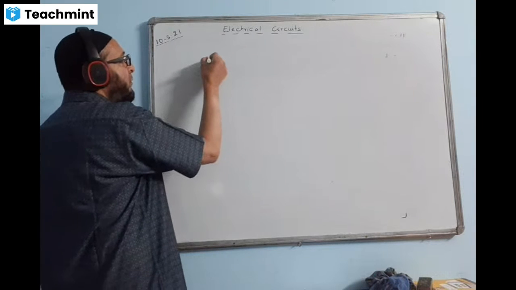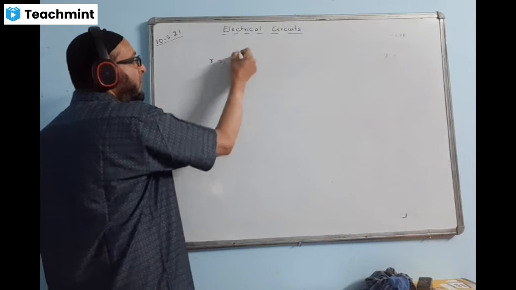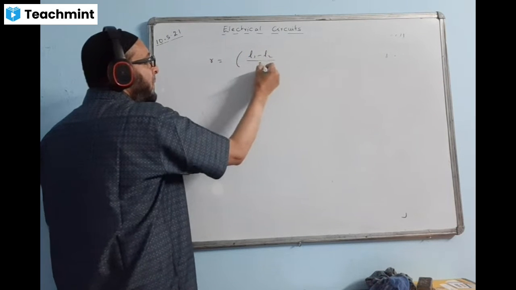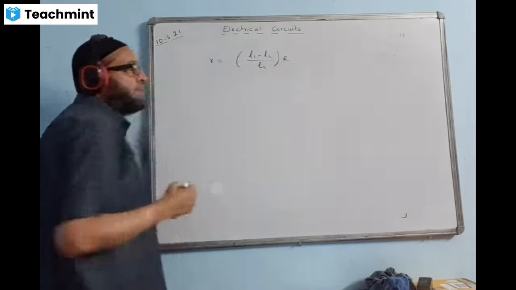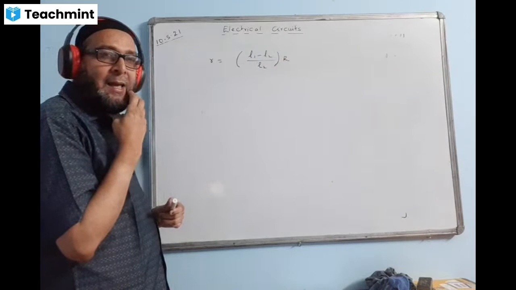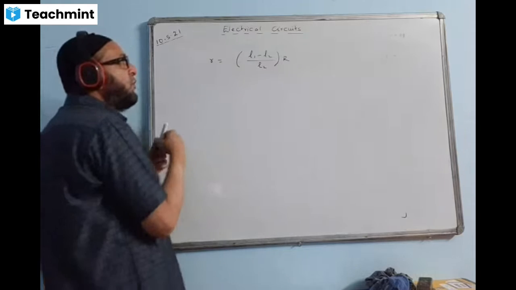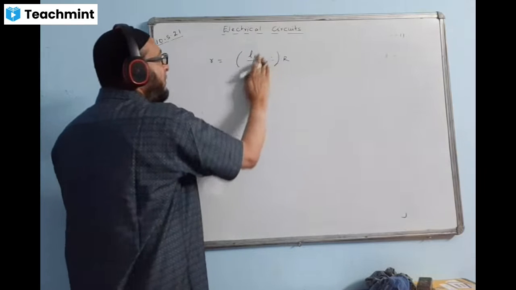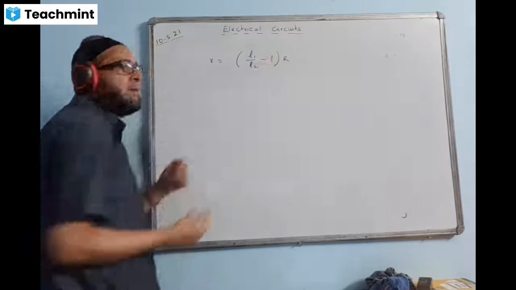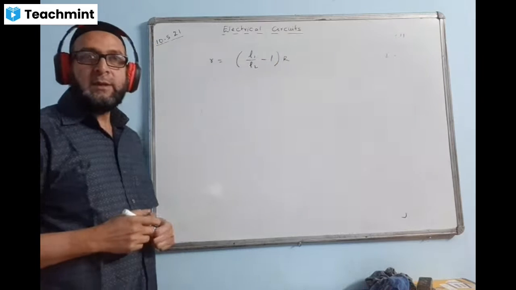So, you know the formula. Small r formula we have already derived: r is equal to (L1 minus L2) by L2 into R. This formula, if you are not sure, we can write like this also: (L1 by L2 minus 1) into R. It is the same thing.